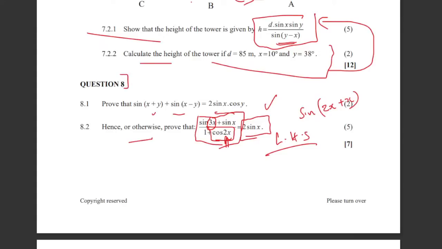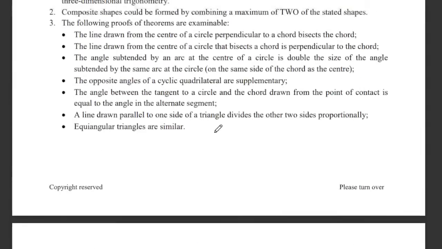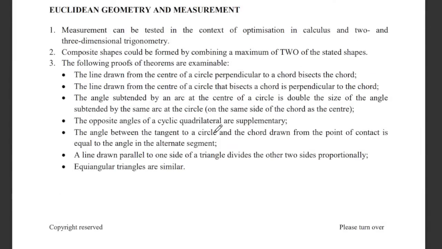Then the next topic is basically the Euclidean geometry. They're telling you that Euclidean and measurements. So these measurements are usually under the proportions sometimes. But the calculus that was done in paper 1 has those measurements mainly, okay?